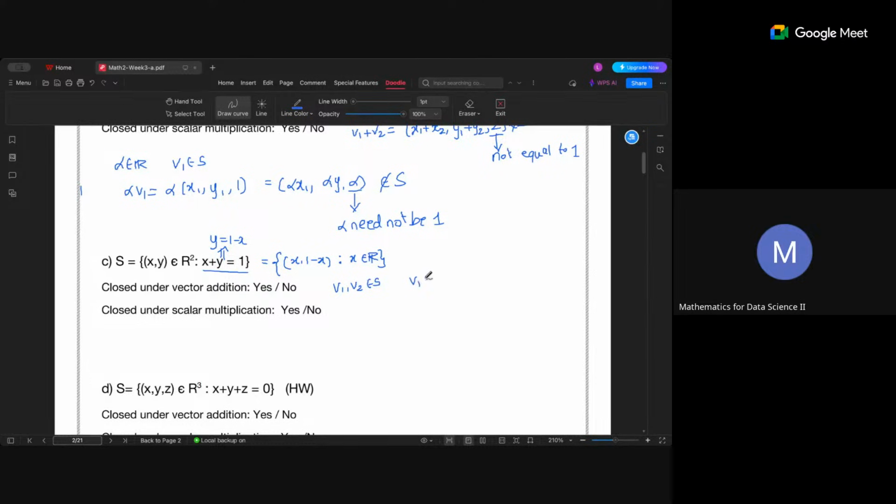Can anyone tell how V1 and V2 should look like? V1 is x1 comma 1 minus x1. And V2 is x2 comma 1 minus x2. Okay.